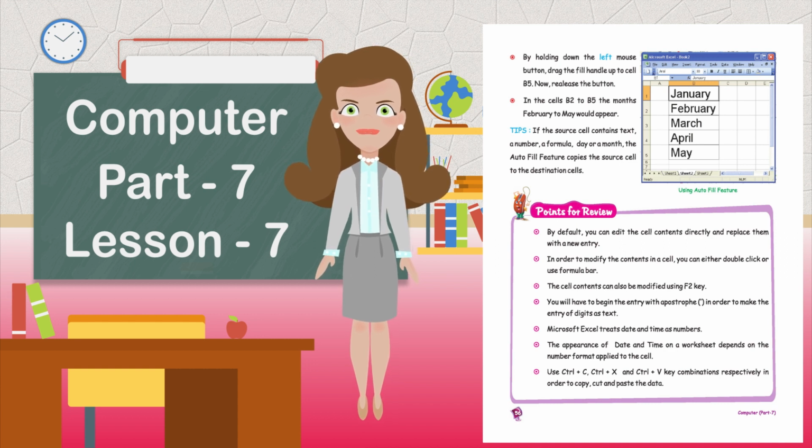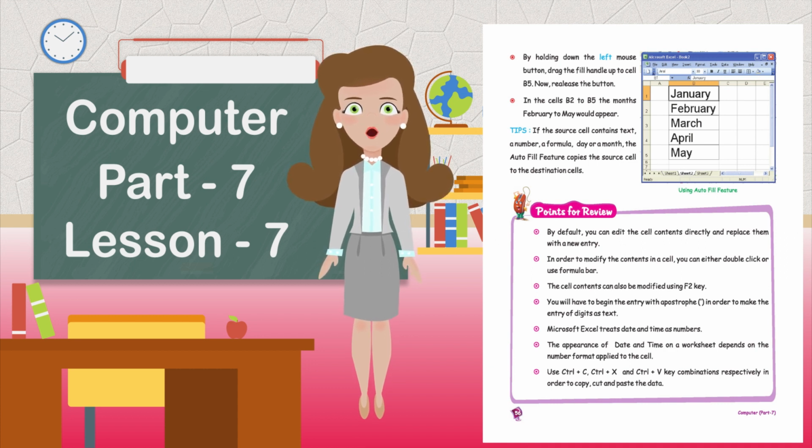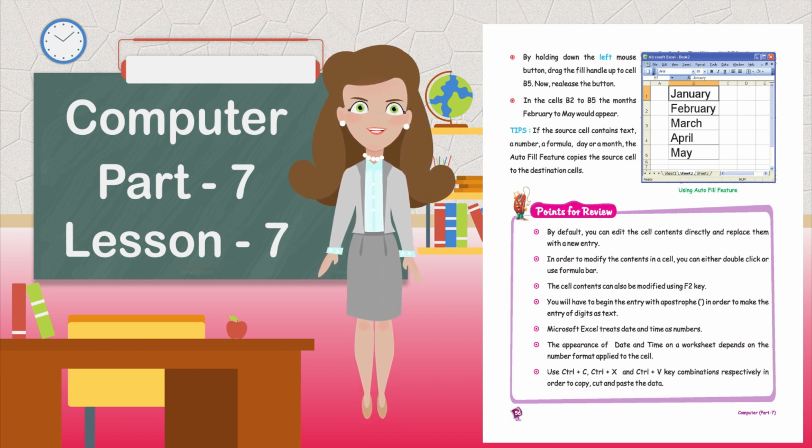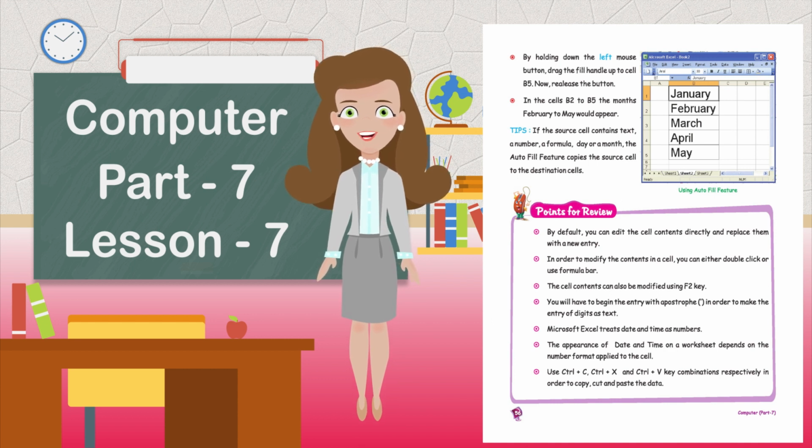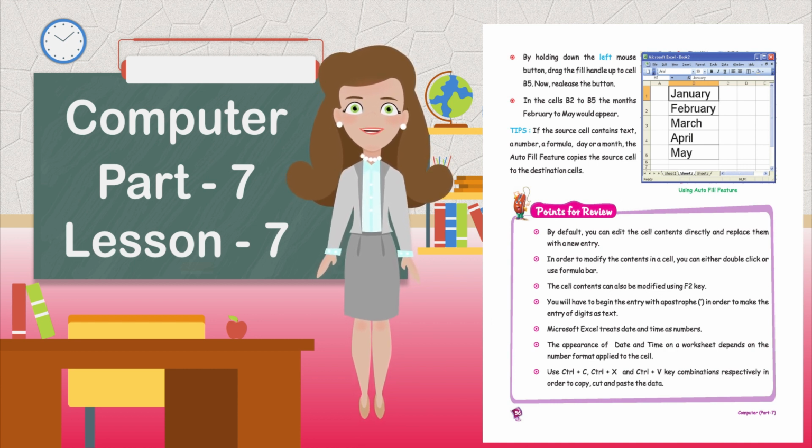Microsoft Excel treats date and time as numbers. The appearance of date and time on a worksheet depends on the number format applied to the cell. Use Ctrl+C, Ctrl+X and Ctrl+V key combinations respectively in order to copy, cut and paste the data.